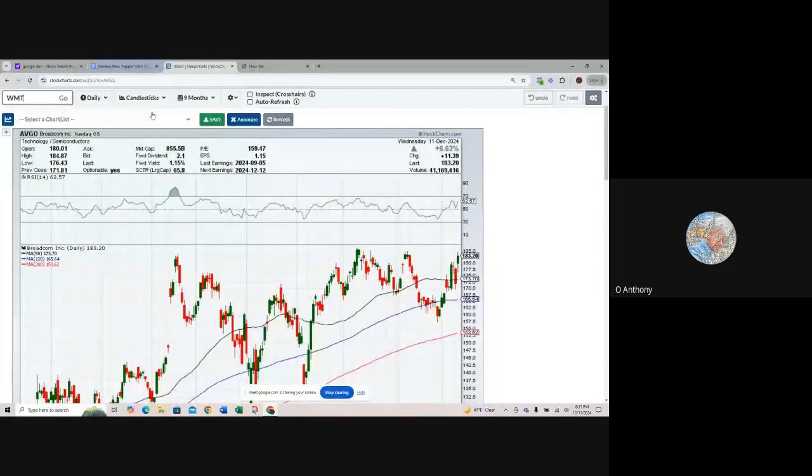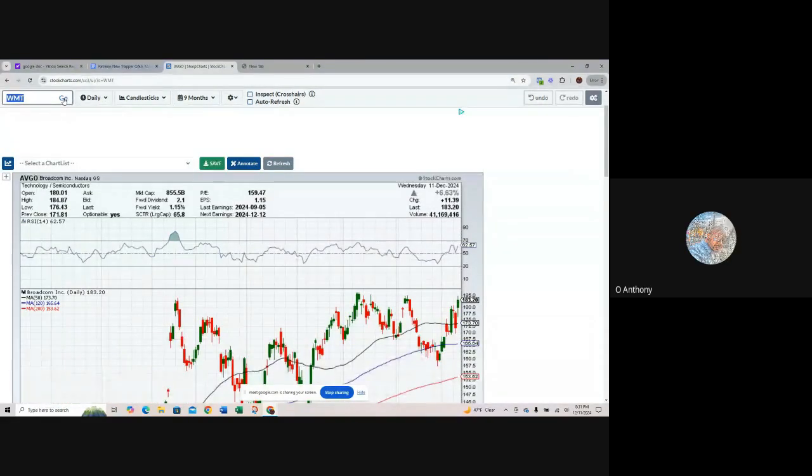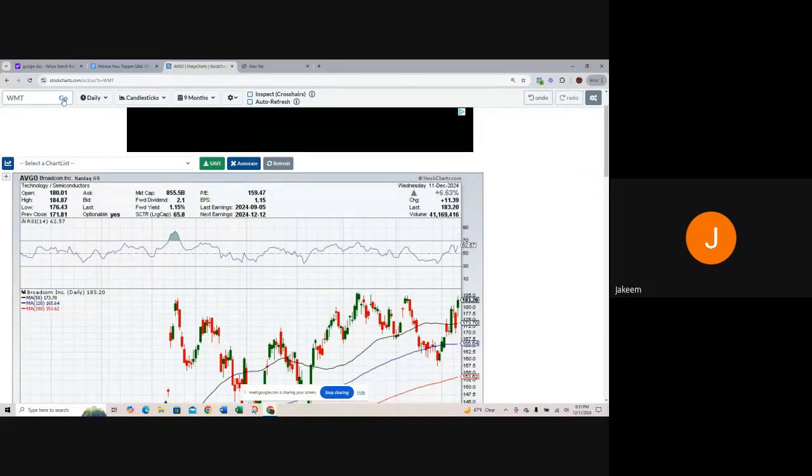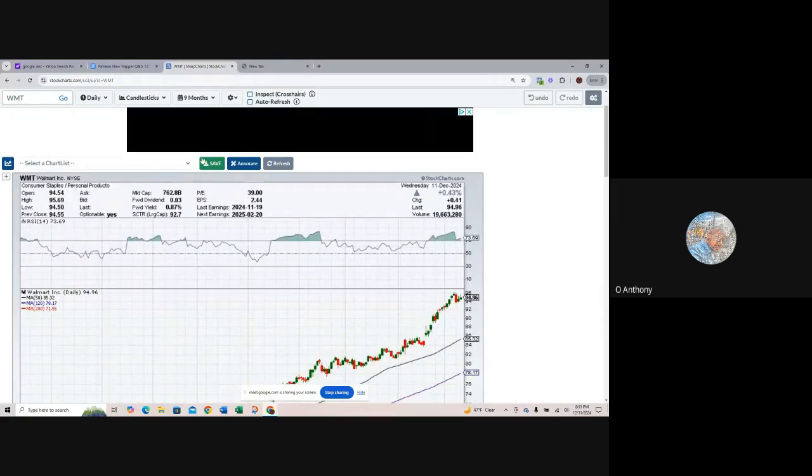You could ride it up above 70. Let's say you got in at the 50 turn and you rode it up into the 70, it's almost pushing 80. At that point, people are going to start taking profit. Got it. So you don't want to be the last person trying to hold, thinking it's going to go to 90 when everybody else is like, oh, we already passed 75, let me go ahead and take my profit.